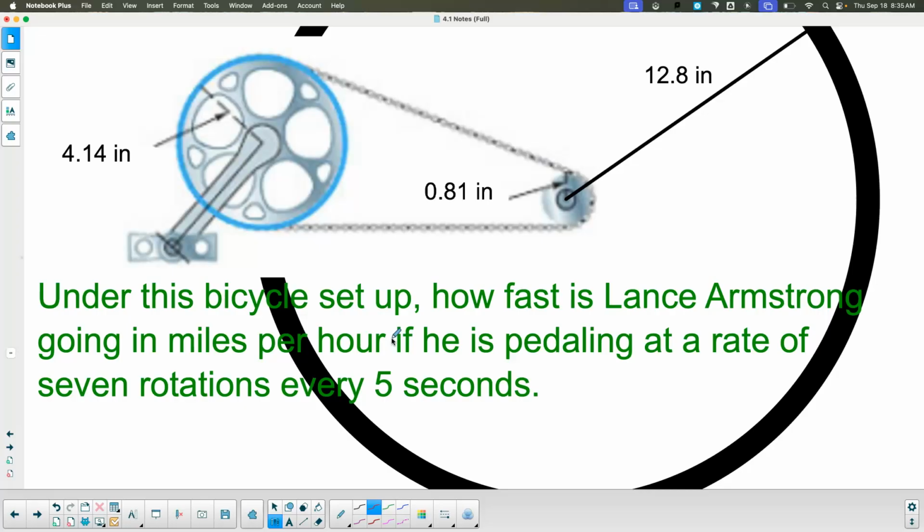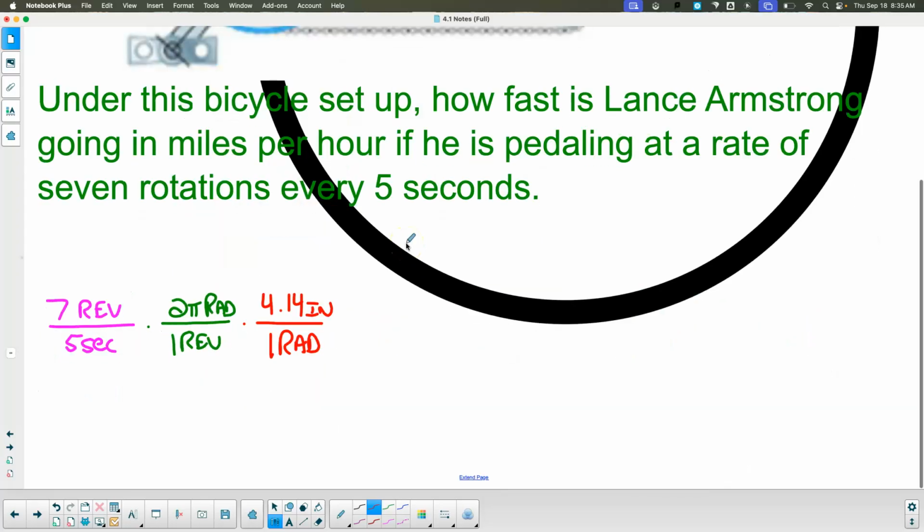Okay. So now we're on the wheel sprocket, and that has a 0.81 inch radius, because that pedal sprocket is angularly traveling at the same rate as the entire tire is.